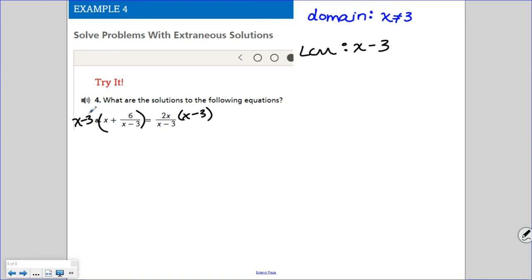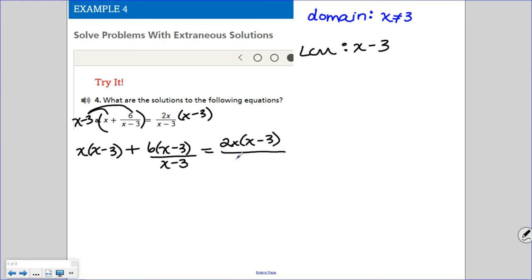The x minus 3 on the left does need to distribute to both parts. So I'll have x times x minus 3, plus 6 times x minus 3 over x minus 3, equals 2x times x minus 3 over x minus 3.